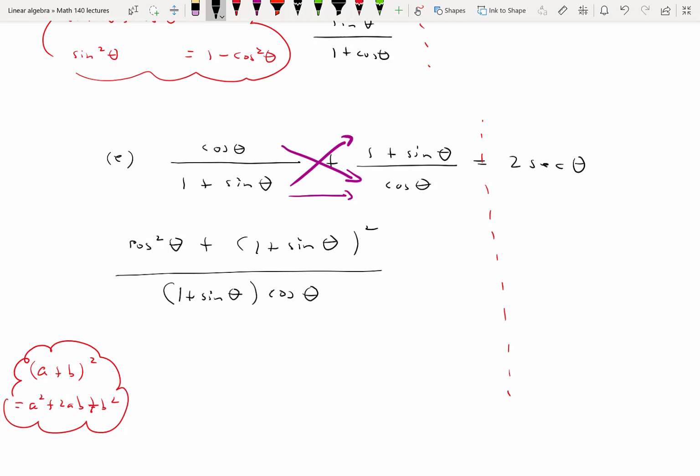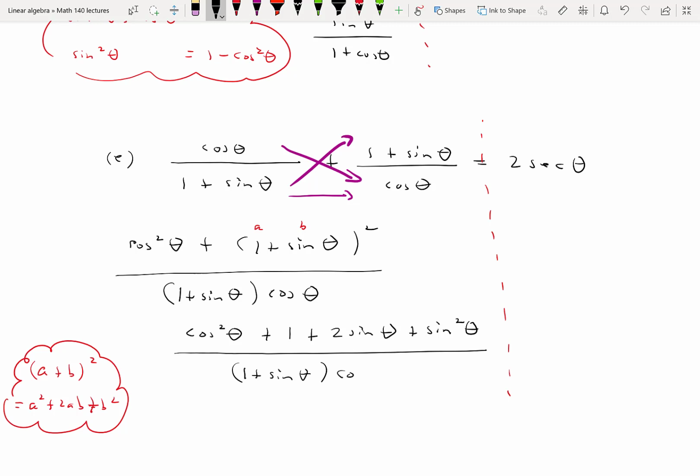So if I do that, I'm going to get the original cosine squared plus, now the roles of a and b are 1 and sine, so a squared is 1, plus 2ab, which is 2 times 1 times sine of theta, plus b squared. And then all of that is over the 1 plus sine of theta times cosine of theta.